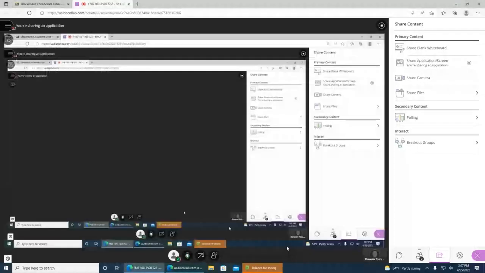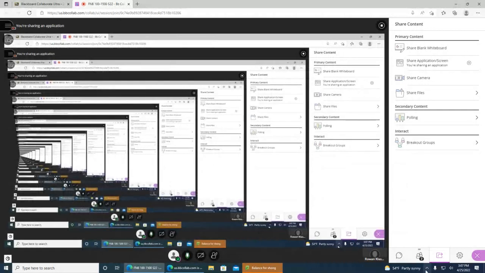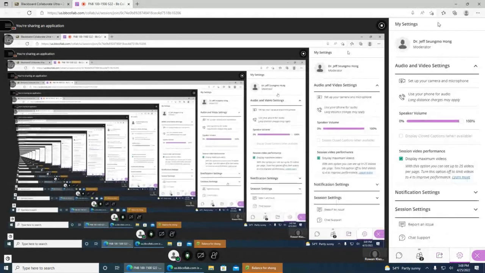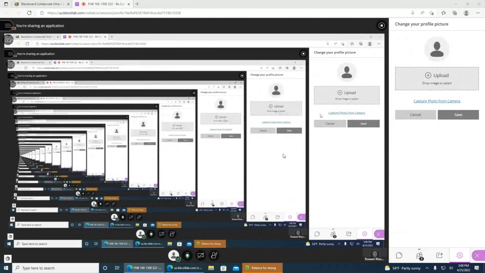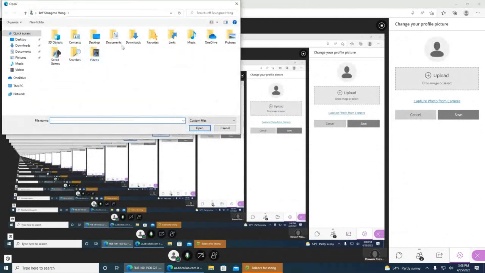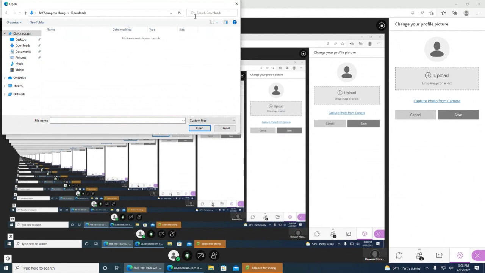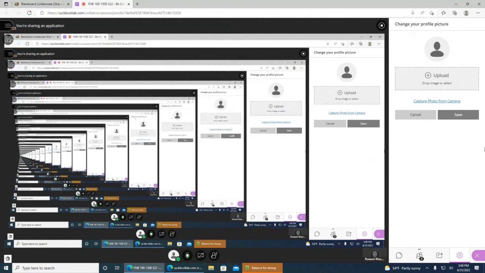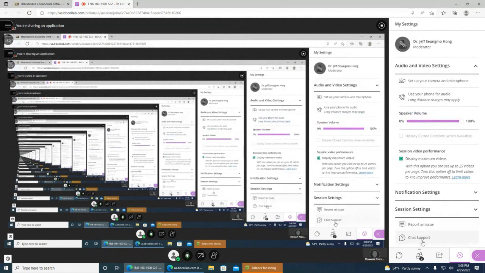Share screen, share application. Okay. I don't have any picture. Okay, never mind. I'll do that later.